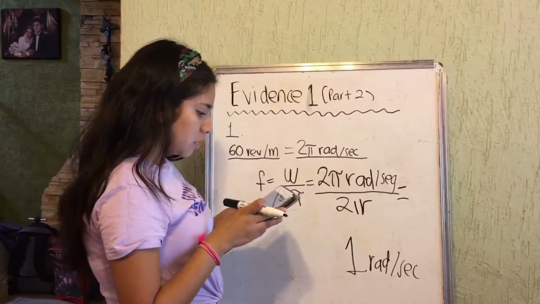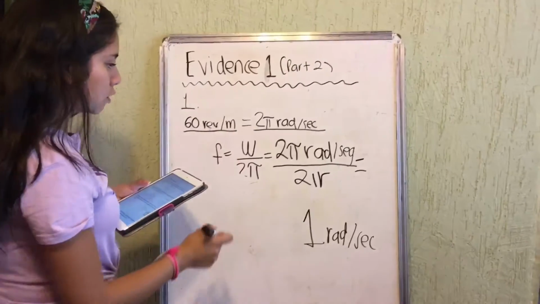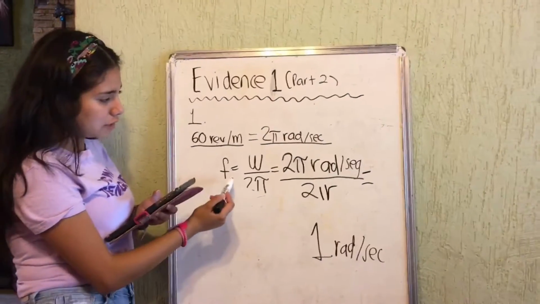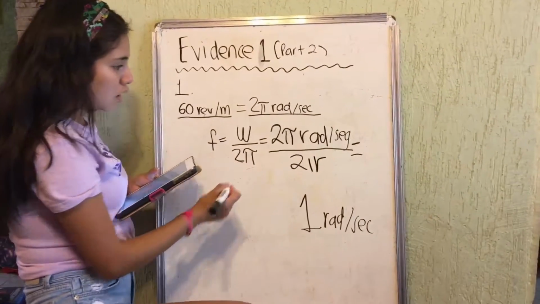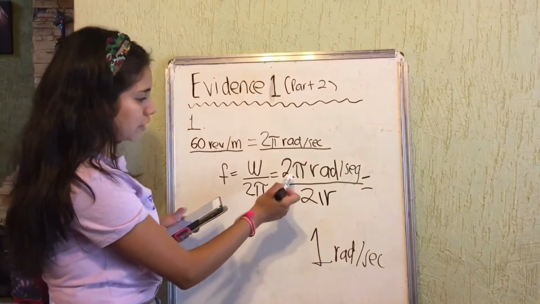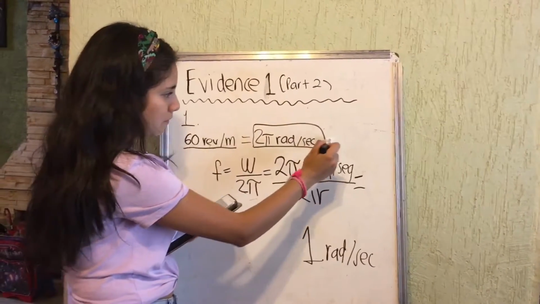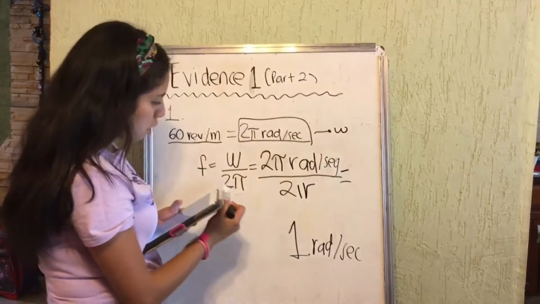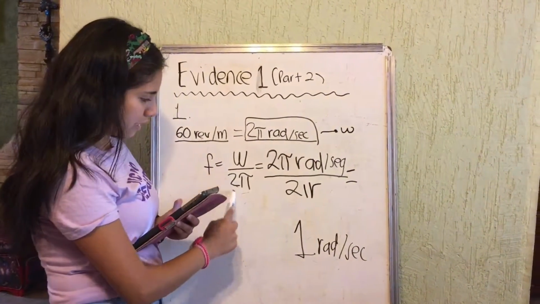Now we're going to identify our data. In this case we're going to use this formula, that is frequency equals ω over 2π. Remember that we already have the ω, that in this case it's this, and we already have the 2π. We always divide over this, okay?